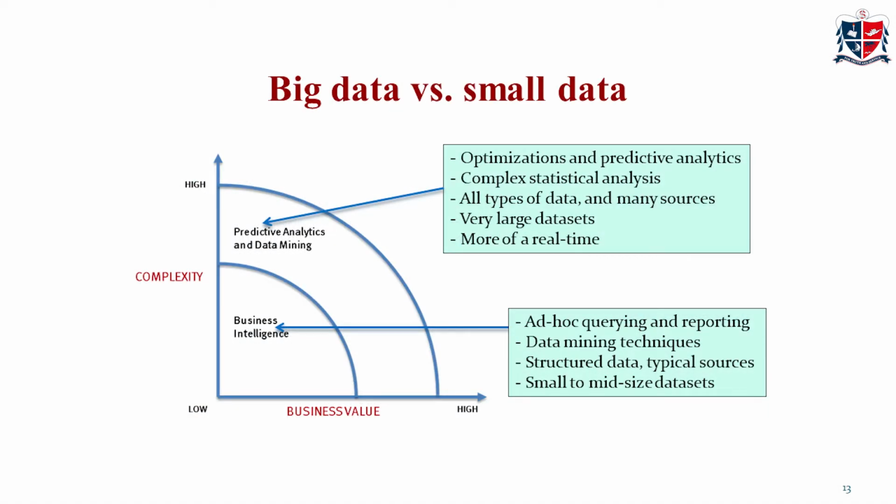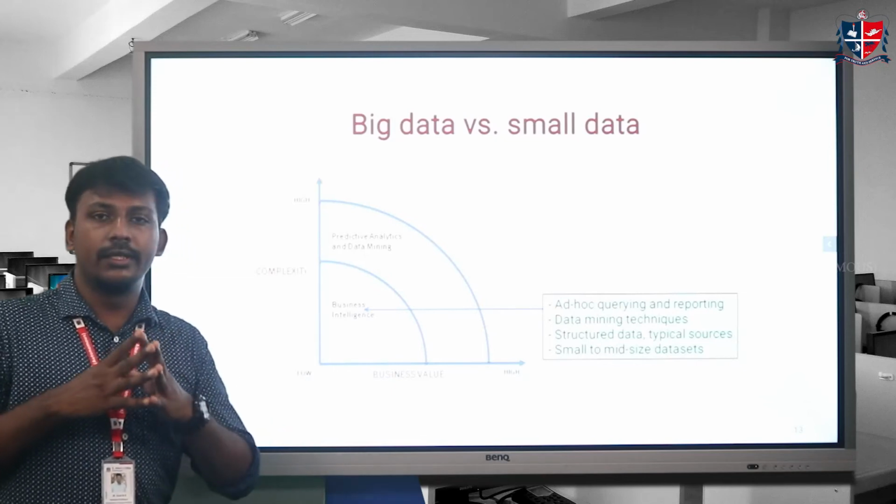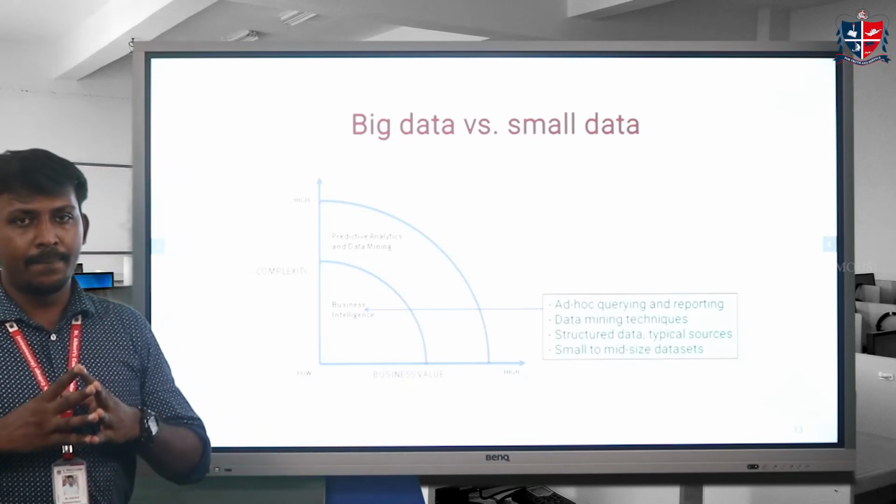Then coming to big data versus small data. Here you can see in this graph, one axis is business value and the second is complexity. Here you can see predictive analytics and data mining, and the second one is business intelligence. So let's have a look. When we are dealing with business intelligence, ad hoc querying and reporting is mandatory.